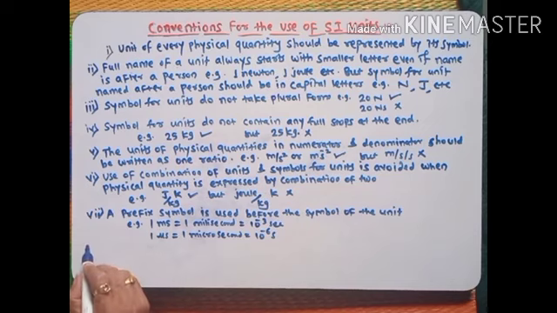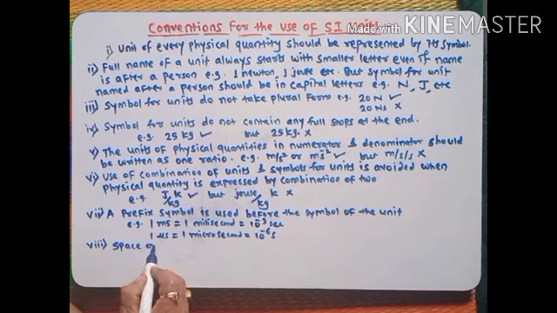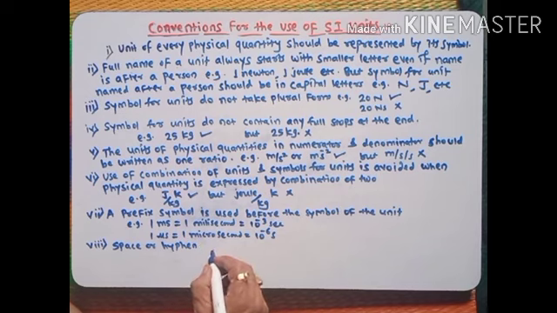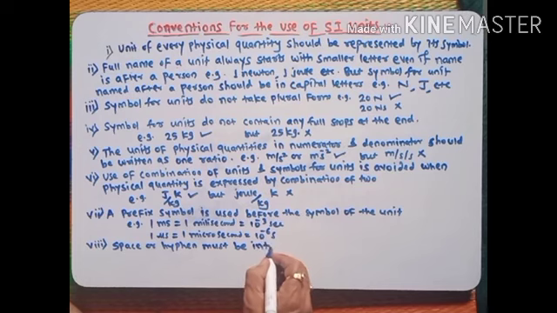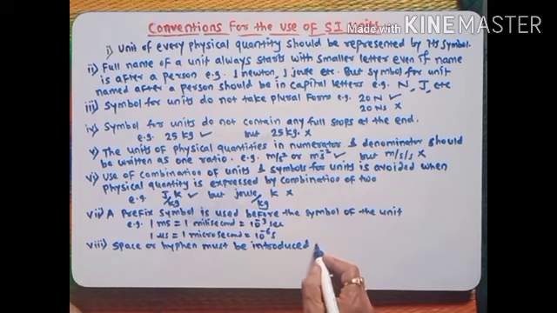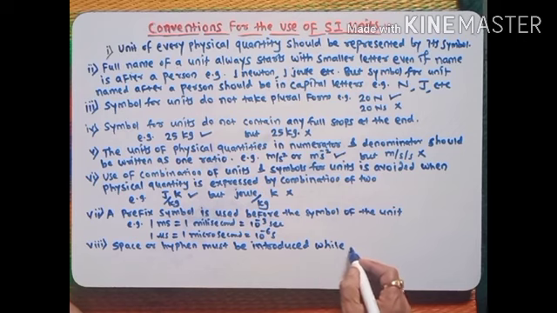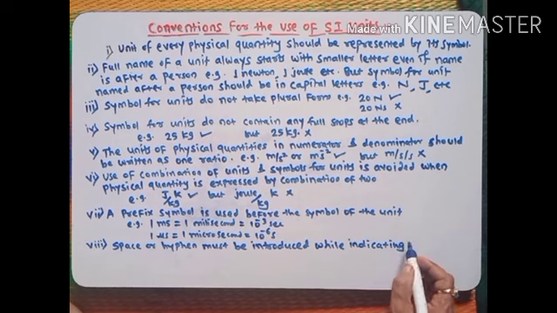Okay, and the last rule, the eighth rule: a space or hyphen must be introduced while indicating multiplication of two units.